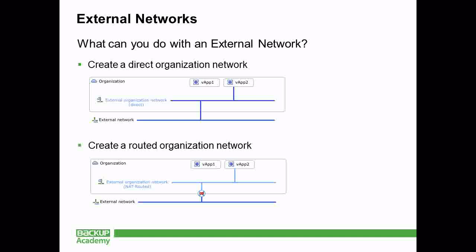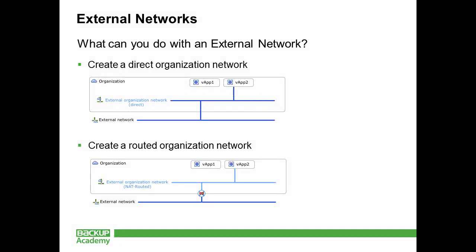So you can see at the diagram, the first diagram, there's no firewalls or any kind of technology blocking connectivity between the external network and the organization network, which is called a direct organization network. You also have the option to create a routed organization network, so you have the ability to put a vShield Edge firewall device in between the external organization network and the external network.